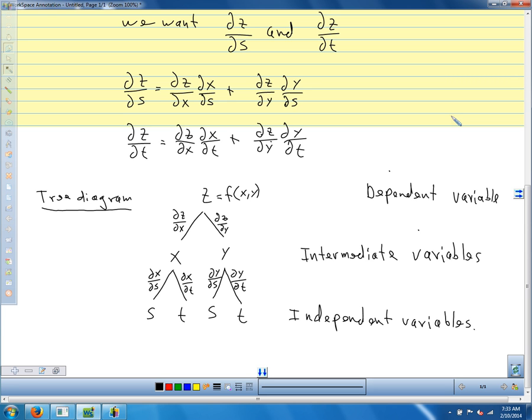All right, so let's look at an example of finding a derivative using a chain rule, and then I want to talk about implicit differentiation, how we can use the chain rule to help us simplify implicit differentiation. So any questions on our idea here of using chain rule? Okay.